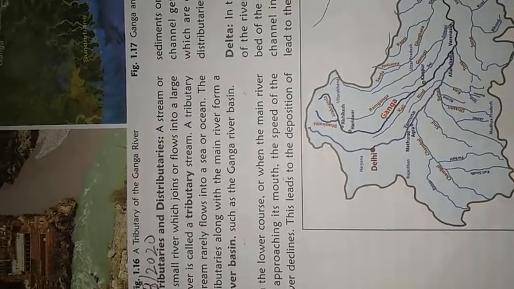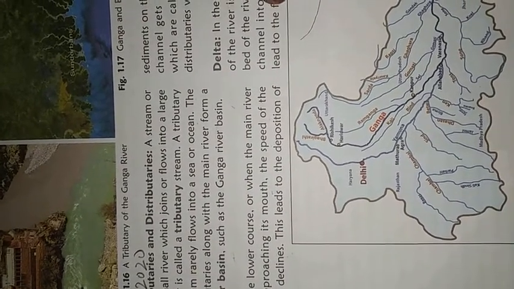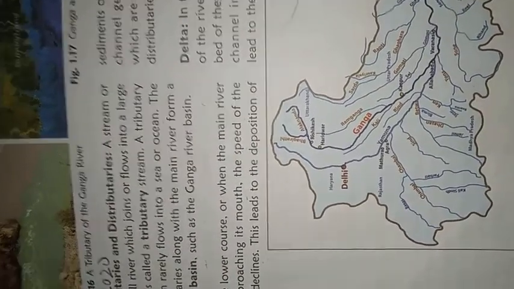So next is tributaries and distributaries. What is a tributary? A tributary is a small stream that joins a big water body. That is a tributary. And distributary, when a big water body is divided into small channels, these small channels we call the distributaries.